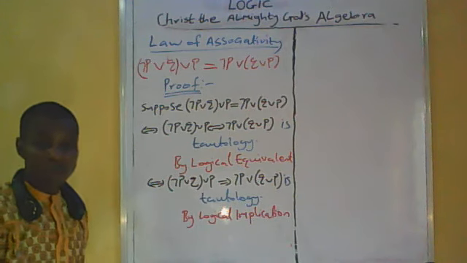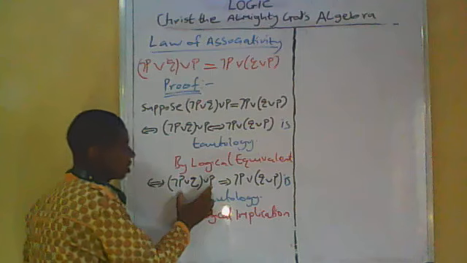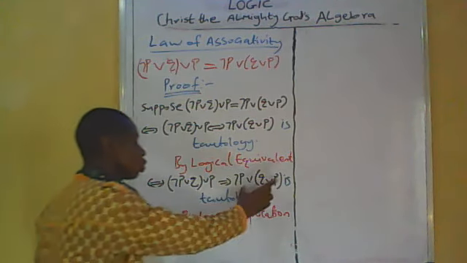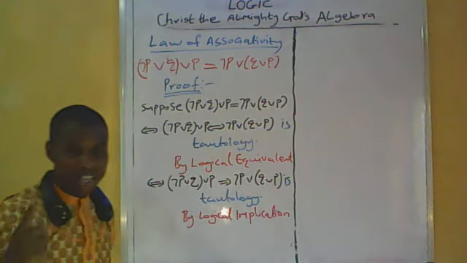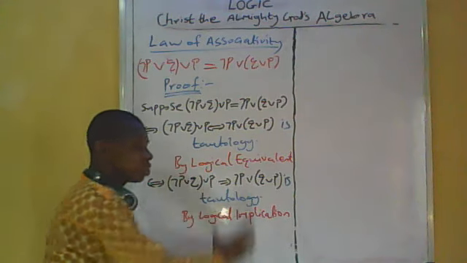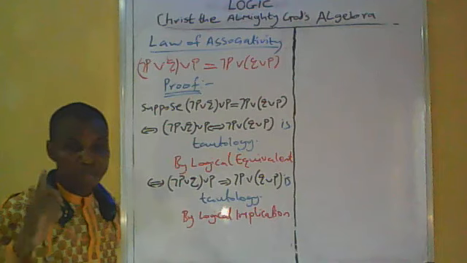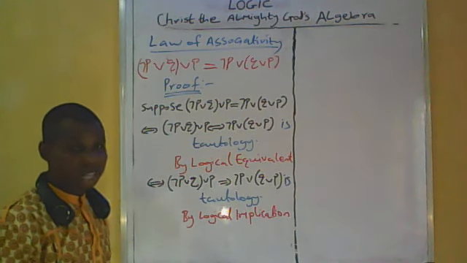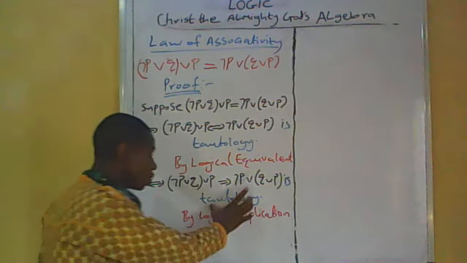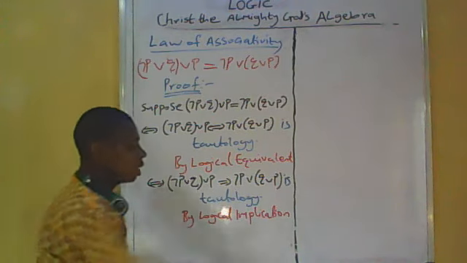It maintains tautology. That means whenever the antecedent is truth, also the consequence must also be truth. If that is the case, there's no way we obtain falsity in this statement when we evaluate it. In the version of this statement, we can never obtain falsity, always truth. That means there's no possibility of getting falsity. If that is the case, we say that is tautology, being justified by logical implication.